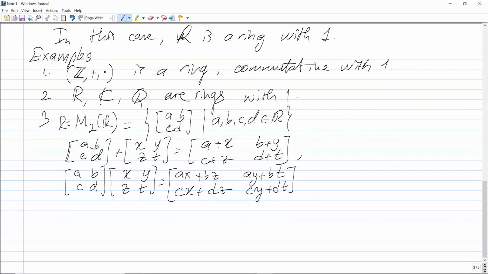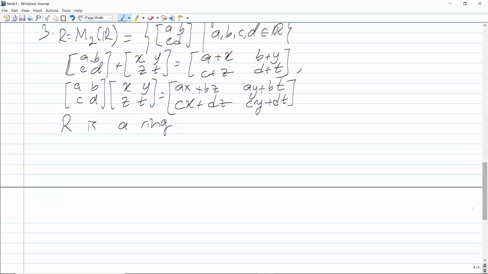This is the usual matrix multiplication. So with this addition and multiplication, this R is a ring. It satisfies all the properties of rings in the definition, all the conditions.